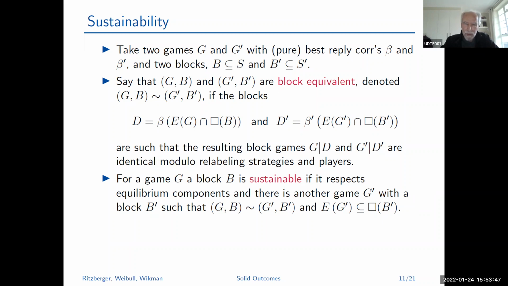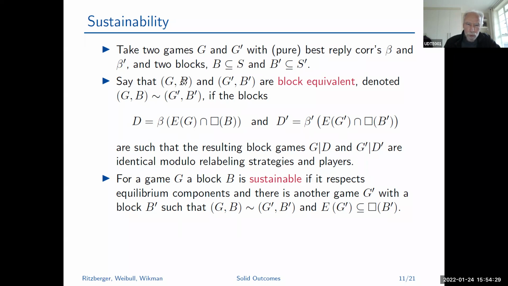We define an equivalence relation for game block pairs, right? So if we have two such pairs, a game and a block for that game, and another pair, a game G prime and a block B prime, we call them block equivalent if the blocks that are generated by taking the best replies against equilibria in this block, or in the face spanned by the block, for both games are actually the same game, identical, except for relabeling players and strategies. Okay.